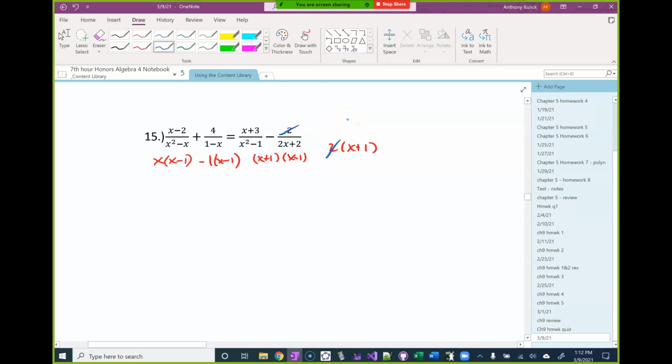So my least common denominator would just be this, which if you use that, everything works out pretty nicely at the end. If you included the 1 minus x in there, it gets pretty terrible pretty quickly. Is that what happened, Amanda? Yeah.